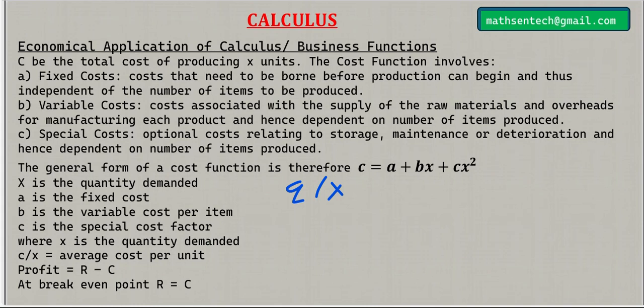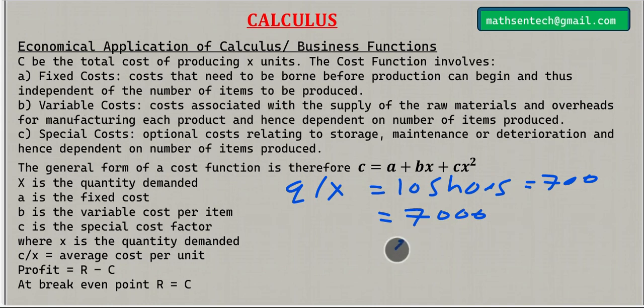goes up. So assuming you went and bought 10 shoes to resell, and each shoe is at 700 shillings, the total cost will be 7,000. Now if you added, say, 20 shoes, each is still costing 700, then what's the total cost?